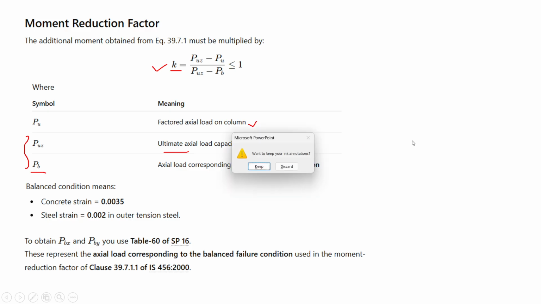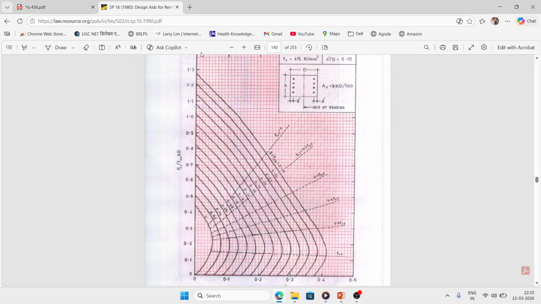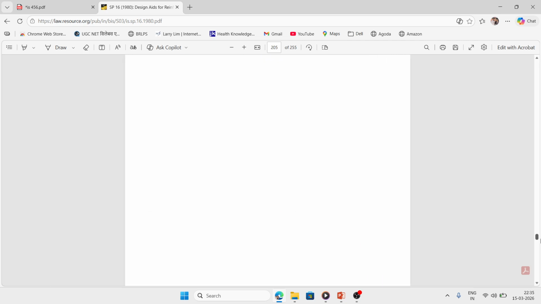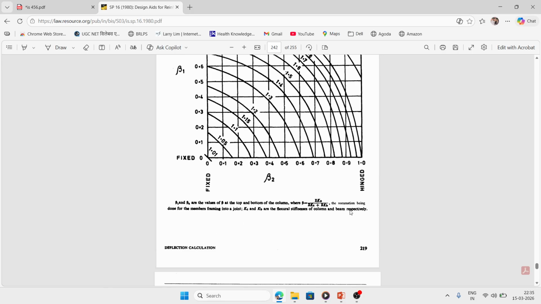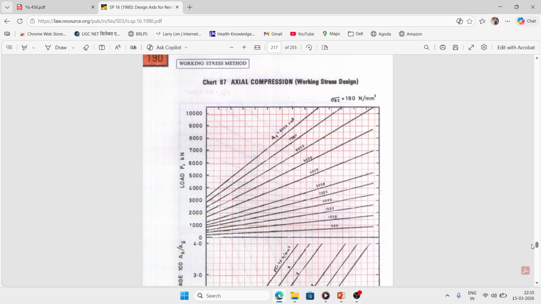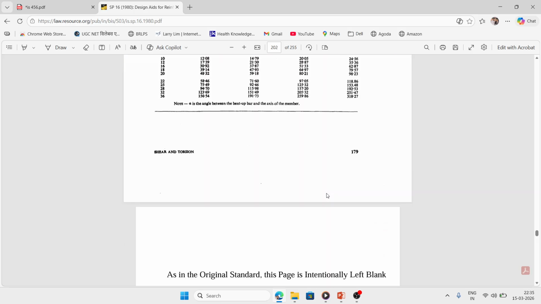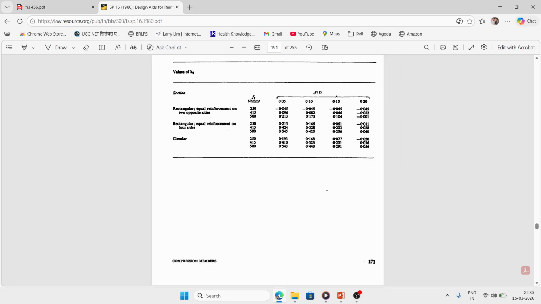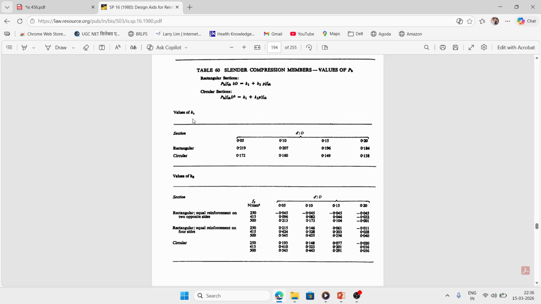Okay, so I'm going to the code and we will see how this formula is used in SP-16, page 171. Page 171. So what is our column? Our column is rectangular.